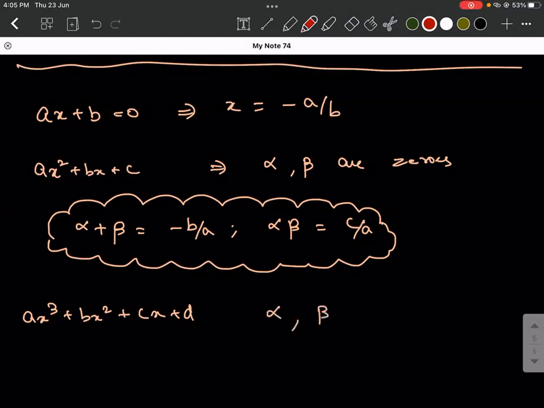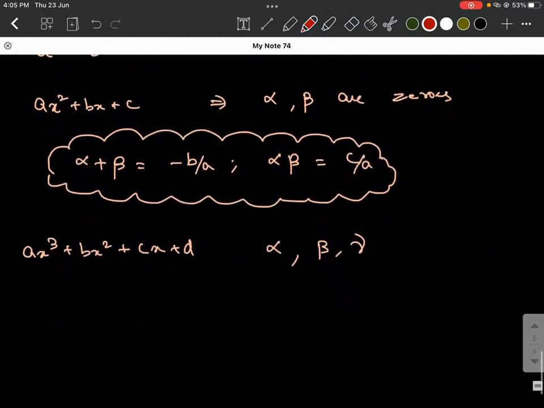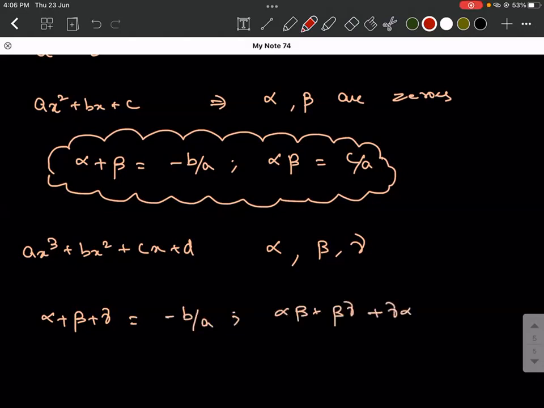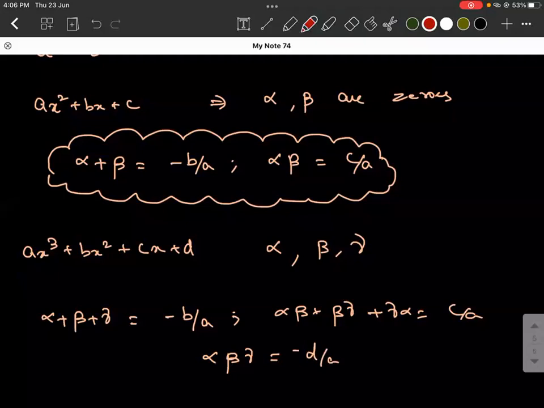If for this alpha, beta, gamma are the roots, then alpha plus beta plus gamma will be equal to minus b by a. Alpha beta plus beta gamma plus gamma alpha will be equal to c by a. Then alpha beta gamma will be equal to minus d by a.